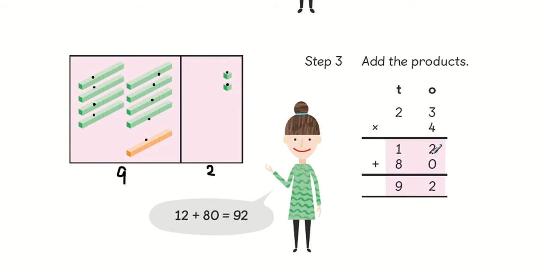Okay, so 2 add 0 is 2, 1 add 8 is 9. So it's just the same method as yesterday, but this time there's going to be something in our tens column. Let's go on to our guided practice then. Make sure you've got that in front of you so we can look through it together.